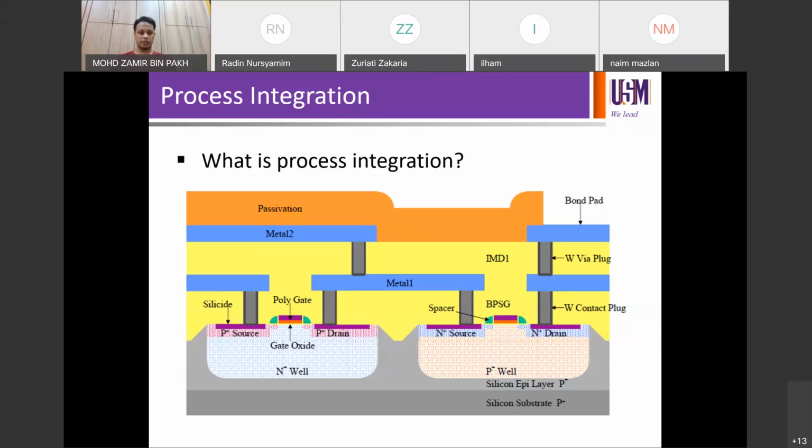So we've covered last time about the front end and the back end on this page. I have told you that normally when we talk about front end, we're talking about the wafer and then the formation of gate ox, the gate, the source drain, the well, perhaps spacer nitride we're going to see later on. So the moment it hits metal 1 and via 1, then we are talking about the back end of wafer fabrication already.